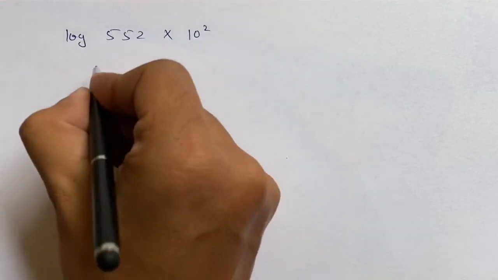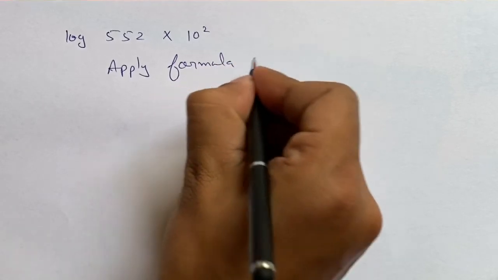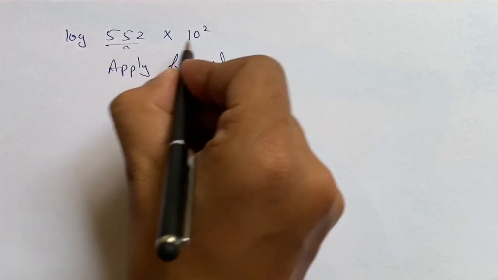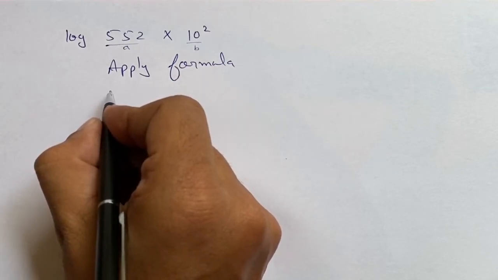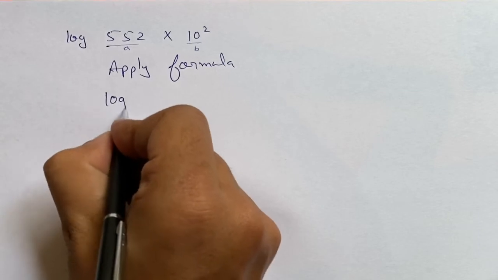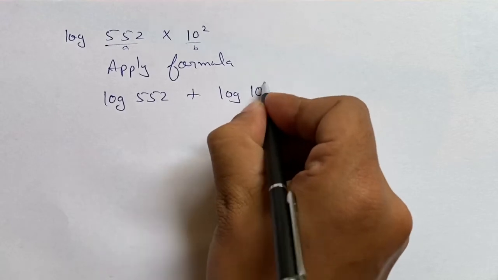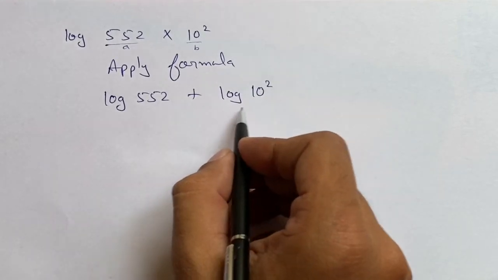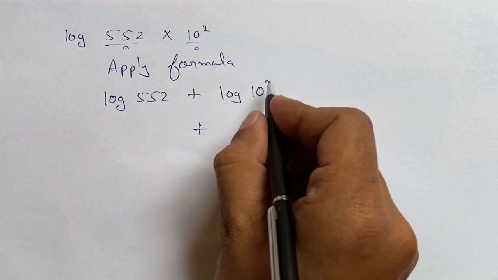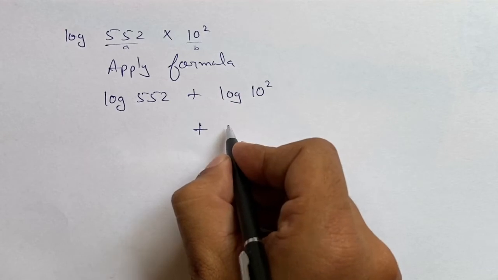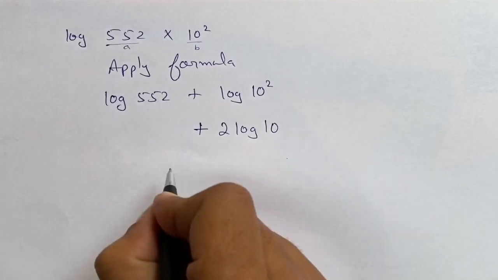How to solve it? Apply formula. Consider this as A, consider this as B. Now, according to formula, log A into B, the formula will be log A plus log B. Now, in this part, you have to apply another formula, that is log A power B. So, therefore, the formula will be 2 log 10.